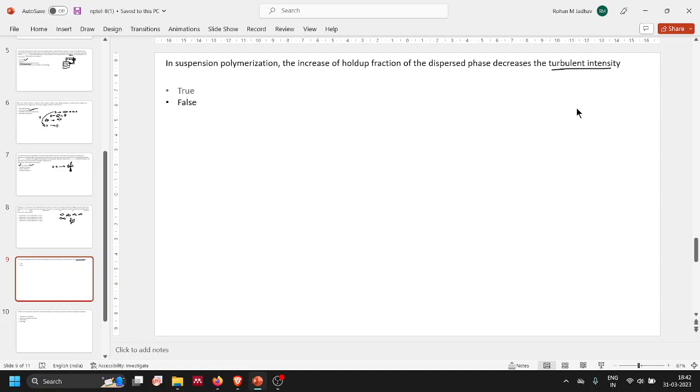Psi, which is described as the turbulent intensity, will decrease because an increase of the dispersed phase viscosity results in reduction of both breakage and coalescence rates, as we saw in the previous question. This comes under the effects of viscosity of continuous and dispersed phases on particle size distribution. So increasing the holdup fraction of the dispersed phase will result in a decrement of the turbulent intensity in the suspension polymerization process.